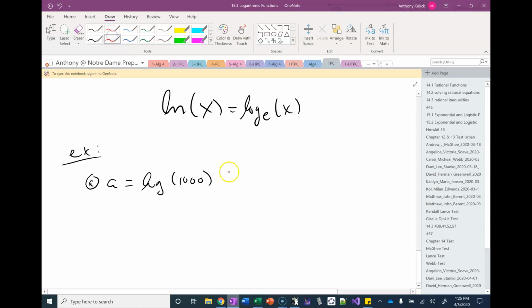So what I can do is say, 10 to the power a should give me 1,000. And I know 1,000 is 10 to the third, so here we have a equals 3.